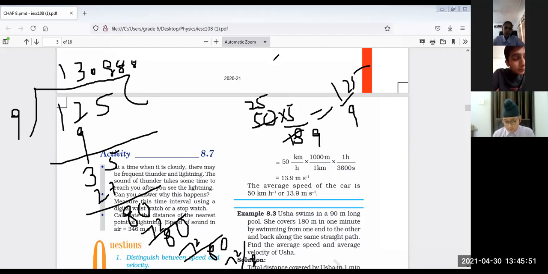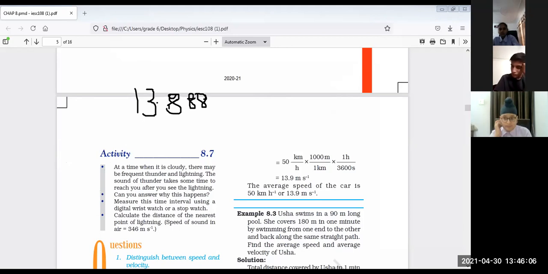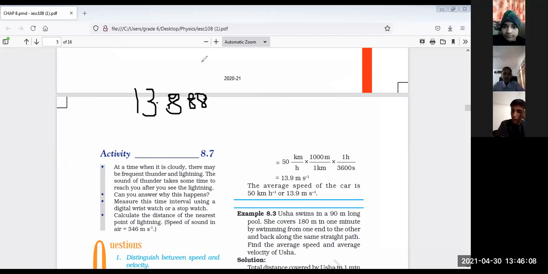So what is the answer we get? We get 13.888. Now after the decimal we got 3 digits. Now we are going to convert it into 2. Last digit, if it is smaller than 5, simply remove it.